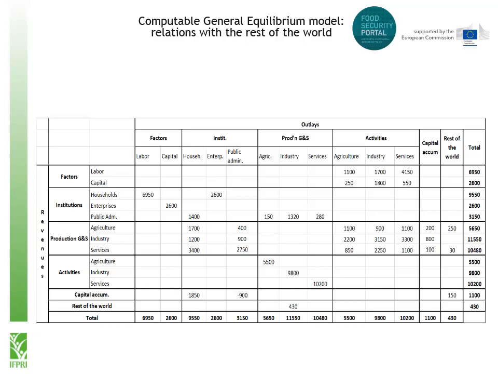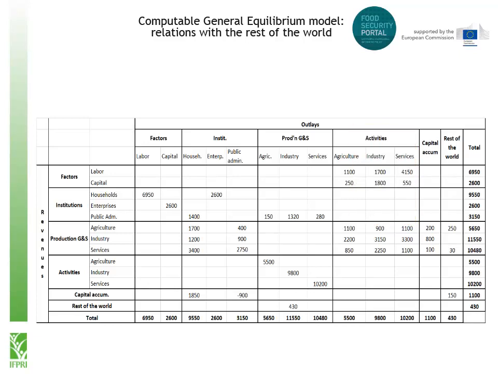Public administration has a demand for goods and services in each sector. And since you have too many expenses as compared to revenues, you've got a public deficit. And so at the row accumulations of capital, you've got a new element, which is the public deficit. Then you've got investment, which is a demand for goods and services to each sector.